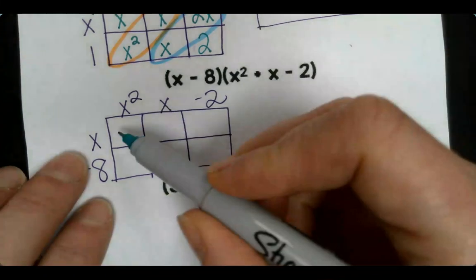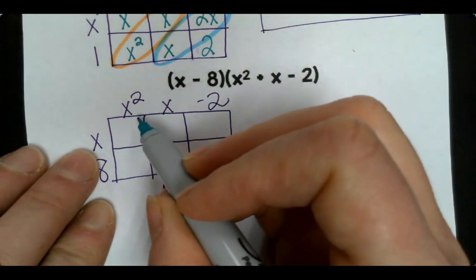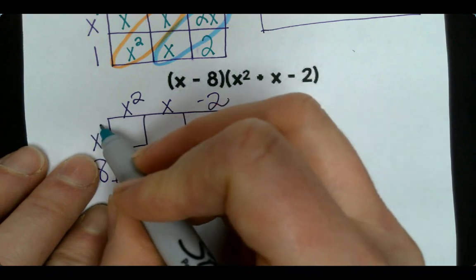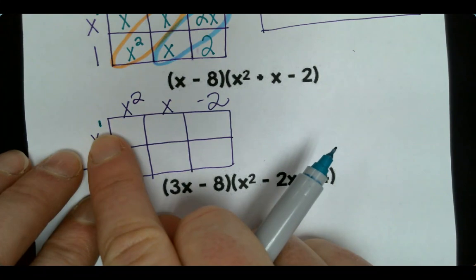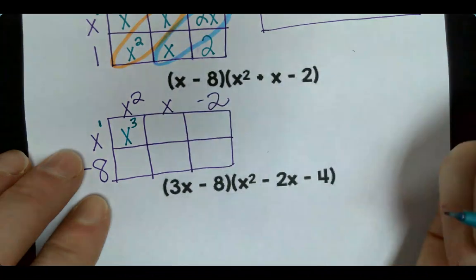All right, let's go ahead and finish this out. Let's see how you did. So we have an x squared and an x. So if you need to put that exponent there to help remind you to add those exponents, you can. So that's x cubed.